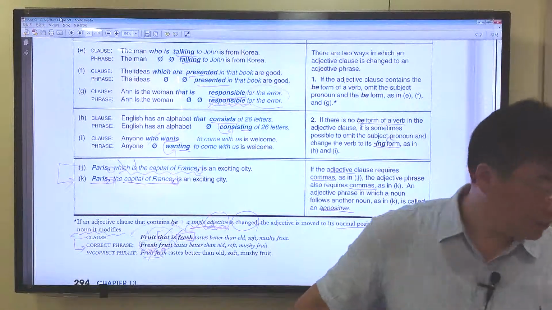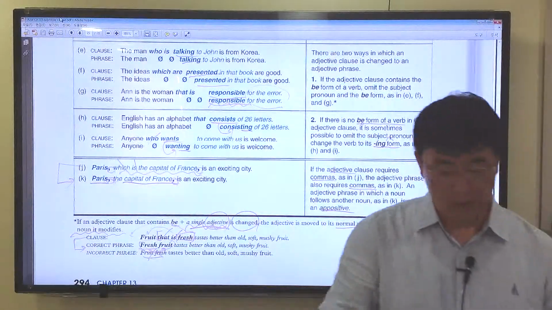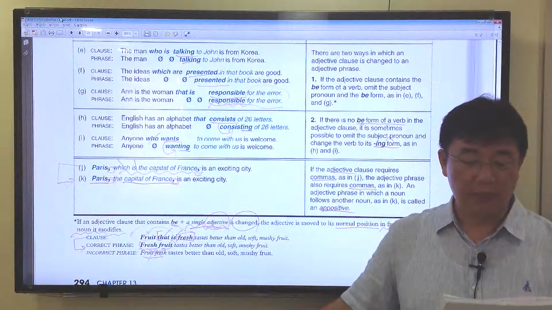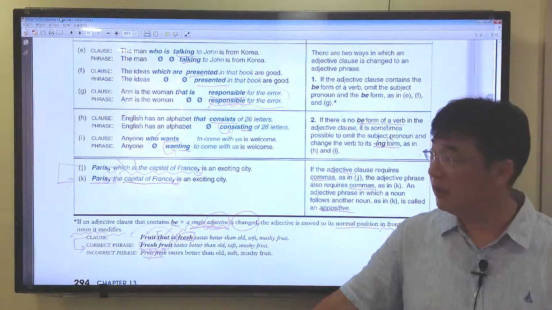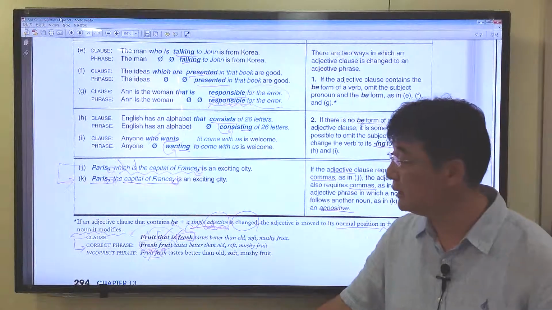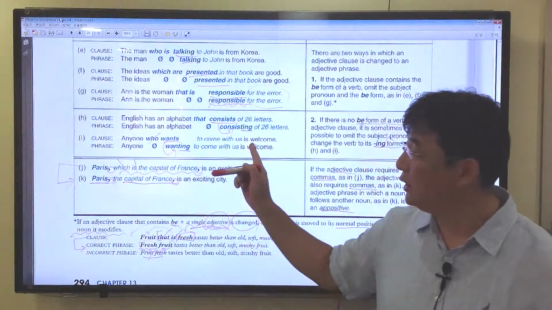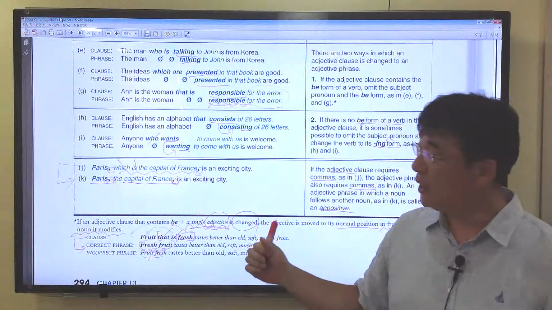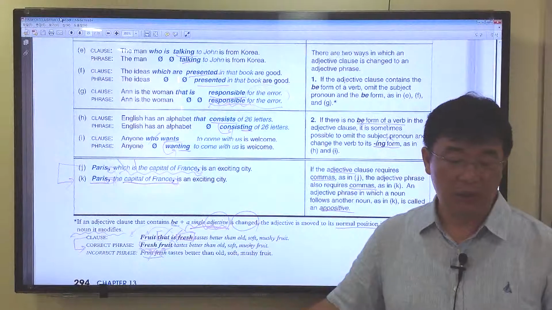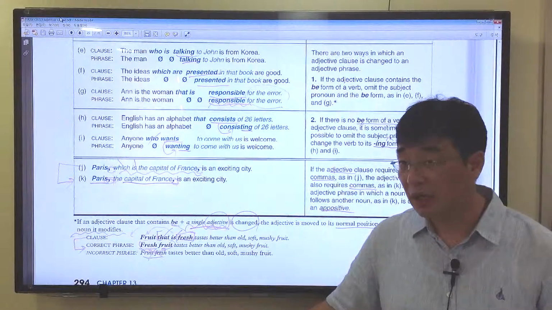Okay, so for the Monday, Wednesday class, I'm going to get into chapter 18, which will be another reduction of clauses to phrases, but not this time. We are not going to deal with an adjective clause. Rather, we're going to deal with adverbial clauses.